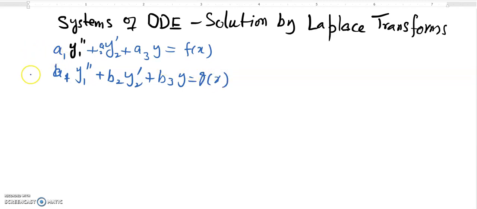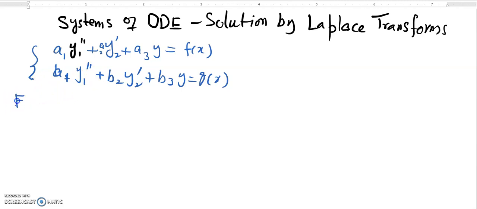So this is the system of ordinary differential equations consisting of two equations. Likewise we can have maybe three equations as well. So we can set up these kind of equations. So how are these equations set up?